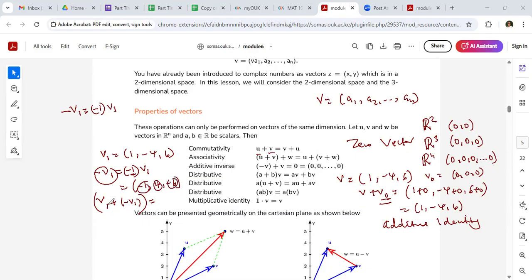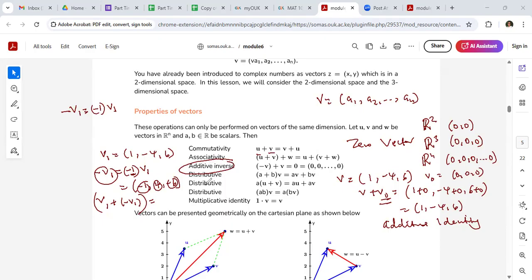So I want you to add V1 plus negative V1. Yeah, thank you, Nicodemus. So you notice that it gives you the zero vector. So the resulting vector, negative V1, is what we refer to as the additive inverse.